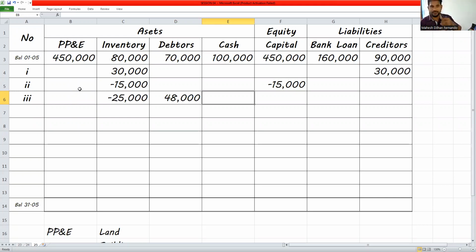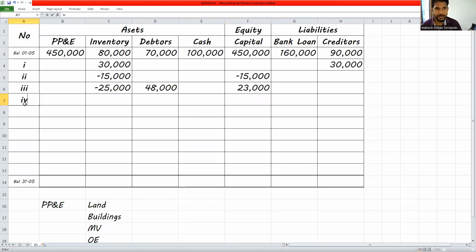How much is the profit? Exactly, 23,000. The difference between the sales and the cost of sales. Profit belongs to the owner, so add that to the capital, plus 23. See how simple it is. Right.